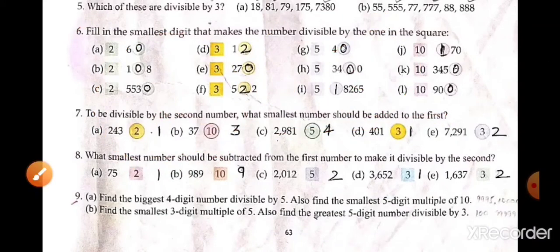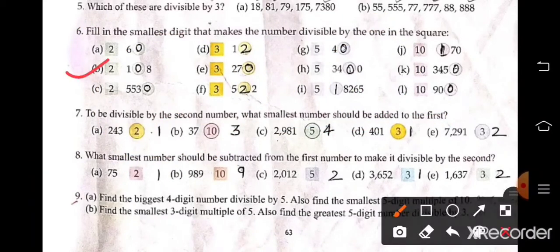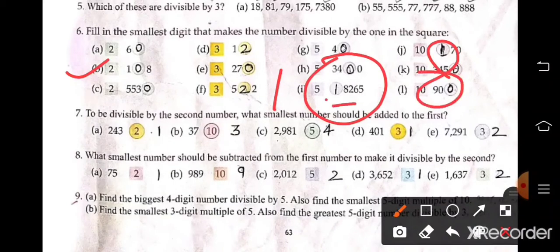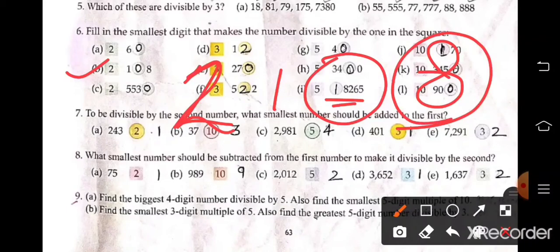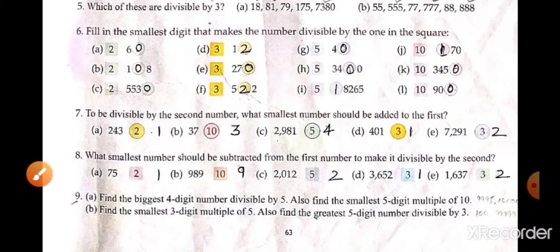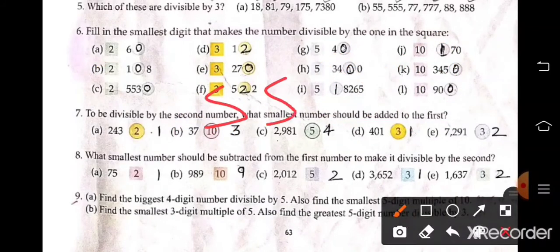Okay. Now question number B part, 1, 8. So here for divisible by 2 it is an even number, so here we will fill the smallest number 0. Okay, now the number is 5, 5, 3 and dash.